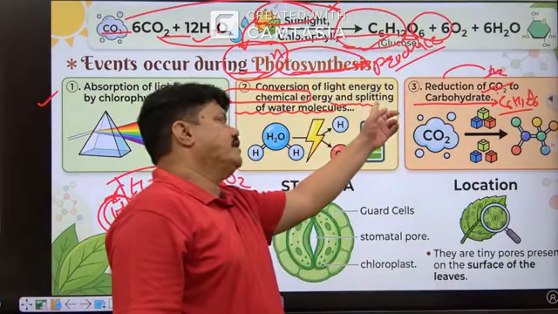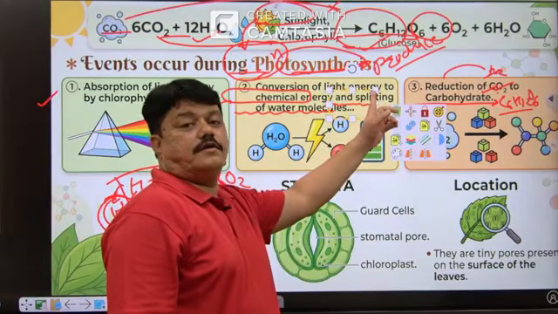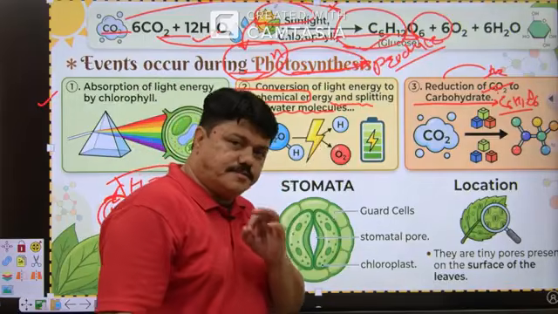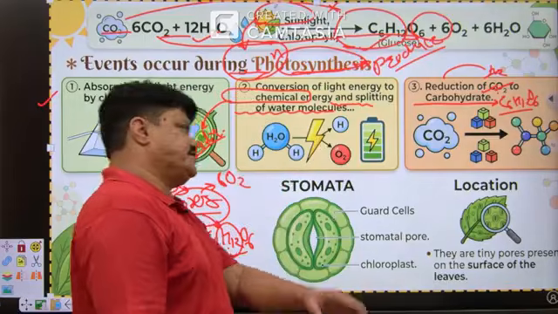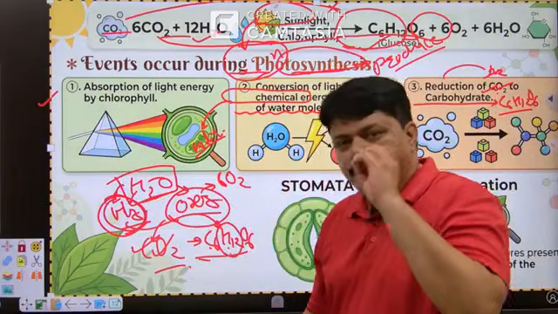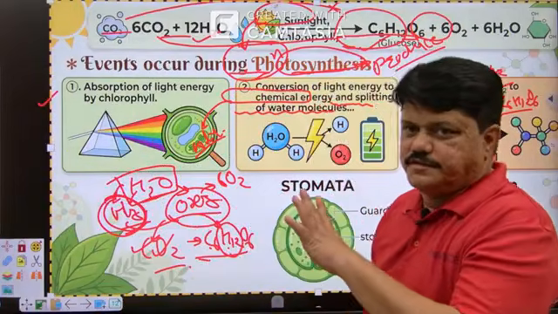That's why splitting of water molecules takes place during photosynthesis. So here we end the important process of photosynthesis.